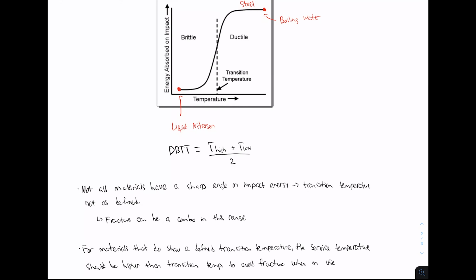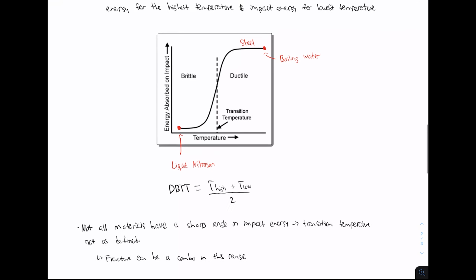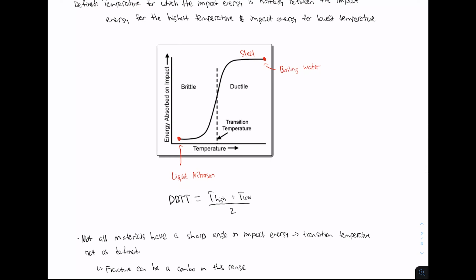Okay, so we already kind of talked about this first point, but not all materials are going to have this kind of defined slope or angle that we have for this impact energy. So in this example here, that slope is pretty steep, so our transition temperature is going to be pretty well defined.